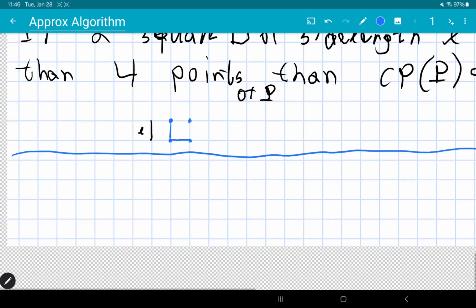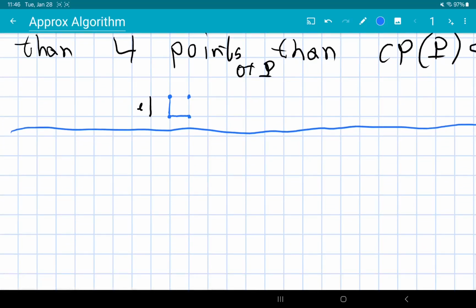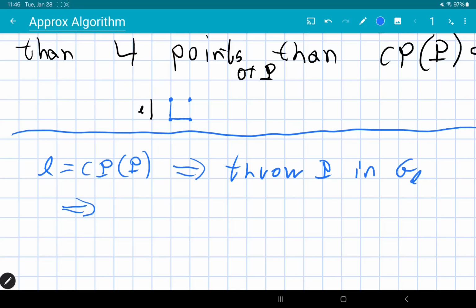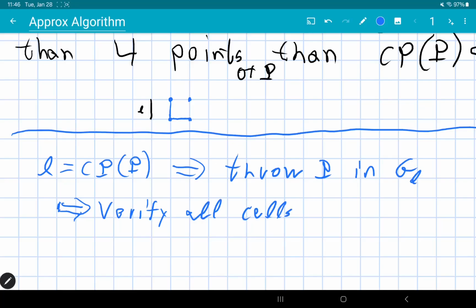Okay, so that's really good news, right? Because it says, first, if we want to verify whether the closest pair distance is equal to L, draw all the points of P into a grid, G of L. And of course, if you have a hash table, you can easily scan all the values stored in it, which would be all the grid cells that are not empty, containing the points of P. So you scan them and you verify all cells contain at most 4 points.